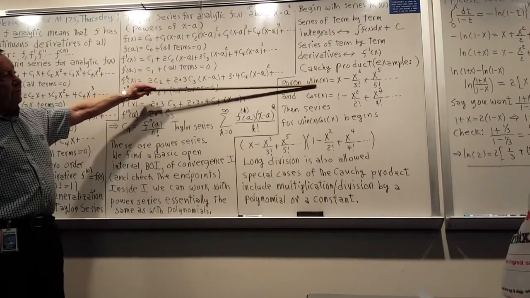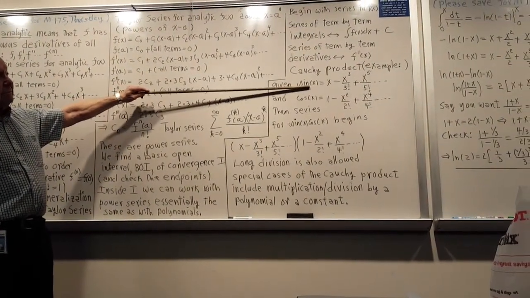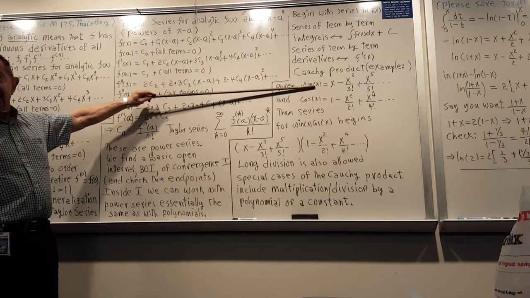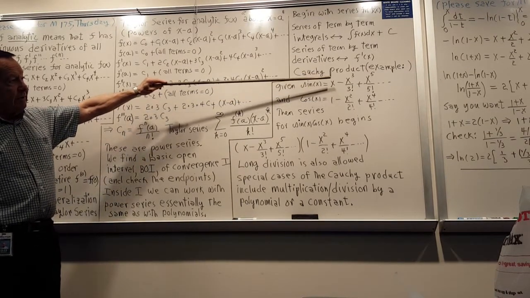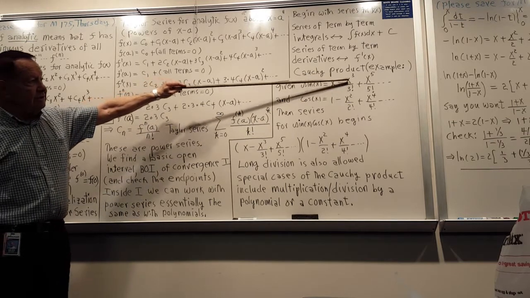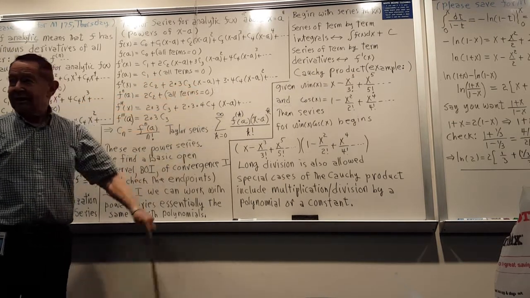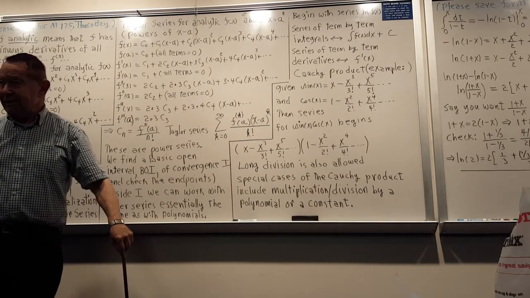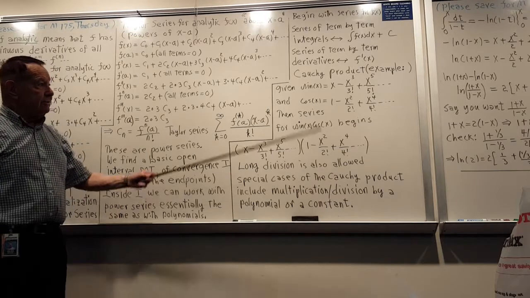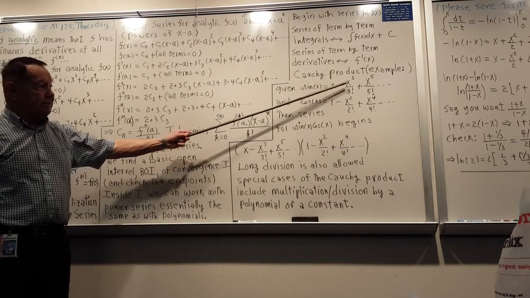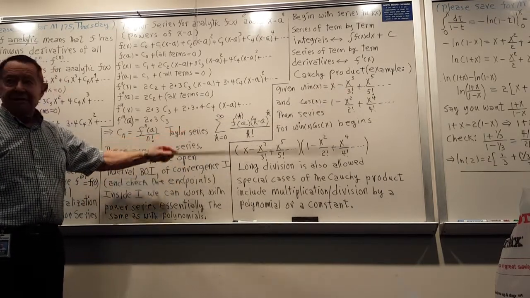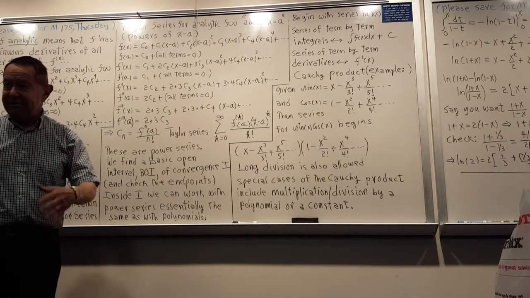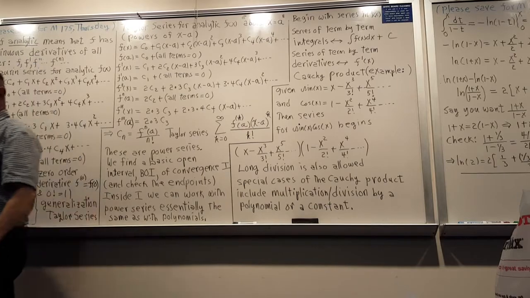And so if you wanted sine of square root of x, for instance, you could replace each of these with square root x, and you'd have the power series for the sine of square root x. Or you could replace each of these with log x, and you'd have the Maclaurin series for sine of log x, and so on, like that.